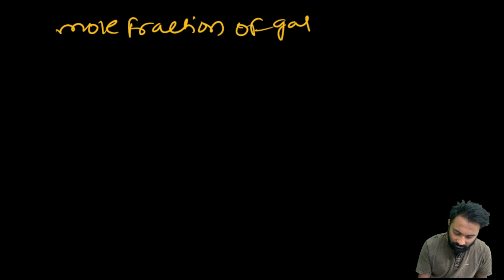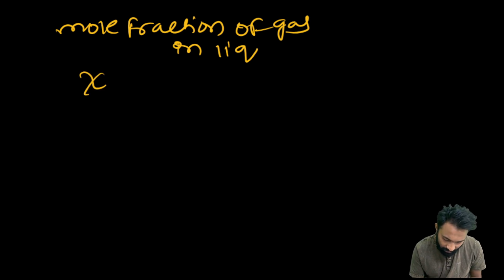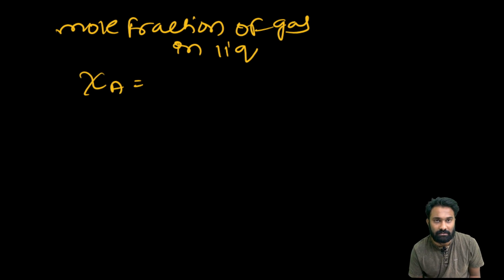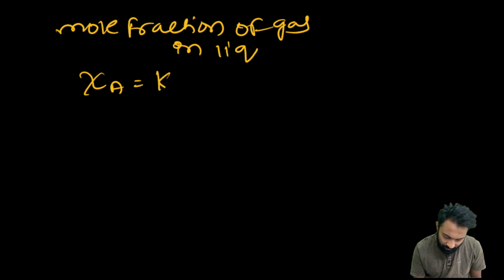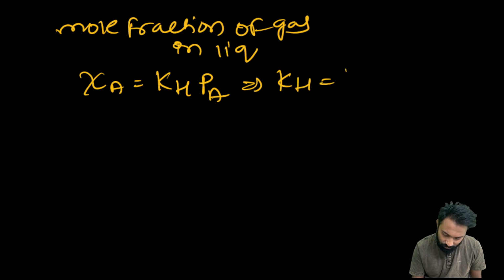Now comes the mole fraction of the gas in the liquid. If they have given the mole fraction of the gas in liquid, how to solve? The mole fraction of the gas is equal to Henry's constant into pressure applied. Now, what is the KH unit here? KH is equal to mole fraction by Pa.